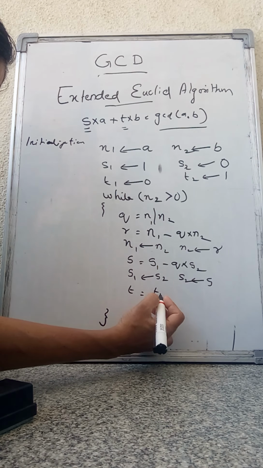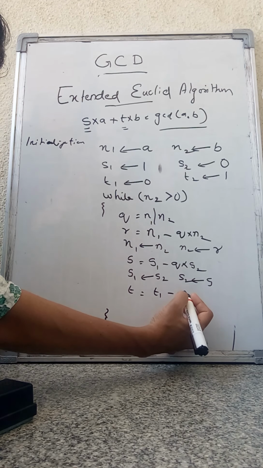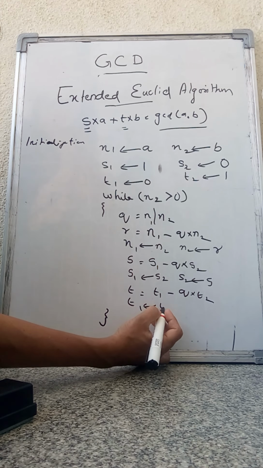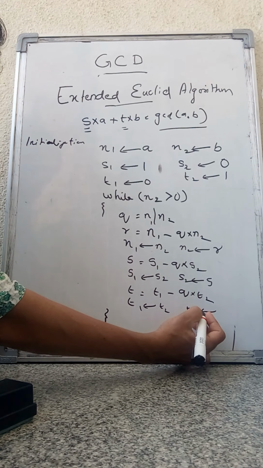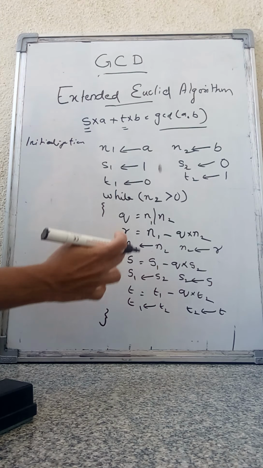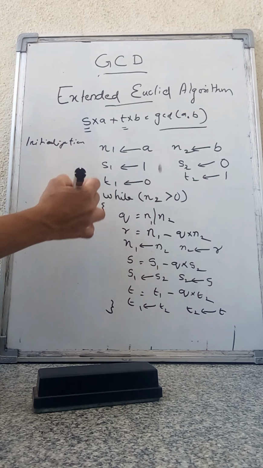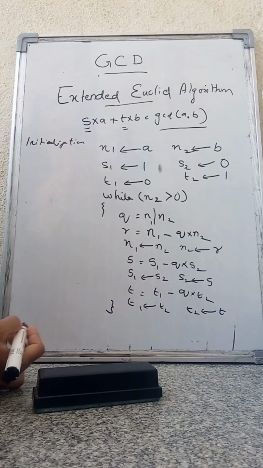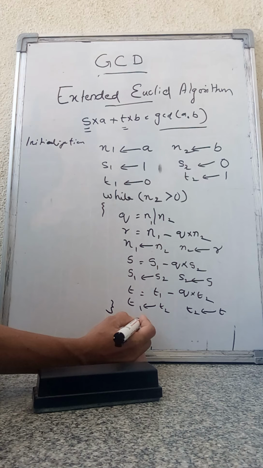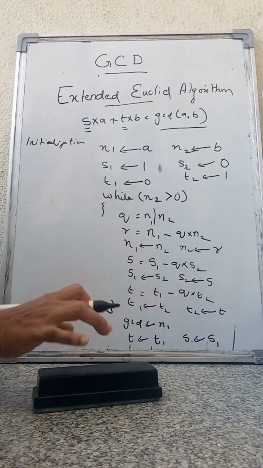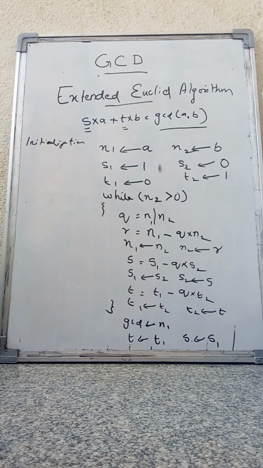Similarly, t is equal to t1 minus q into t2, then t1 becomes t2 and t2 becomes t. So this much is there inside the loop, and this will continue till n2 becomes 0. Once n2 becomes 0, GCD is n1, t is equal to t1, and s is equal to s1. So this is how the extended Euclid algorithm works.